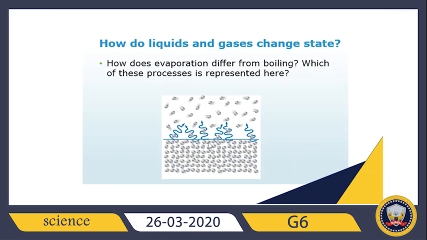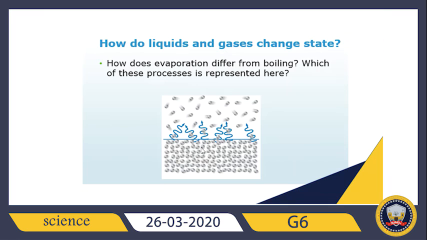So guys, here we should know that you can't reach the evaporation until what? Until all the attractive bonds between these particles that are holding these particles in their position are broken. Once all the bonds are broken, the particles are more free to move and to escape from the surface of the liquid, and then they will evaporate and change into water vapor.